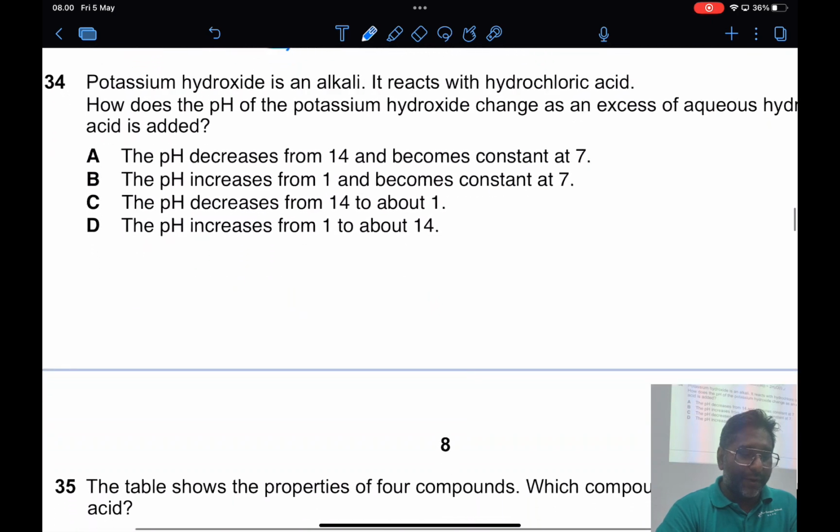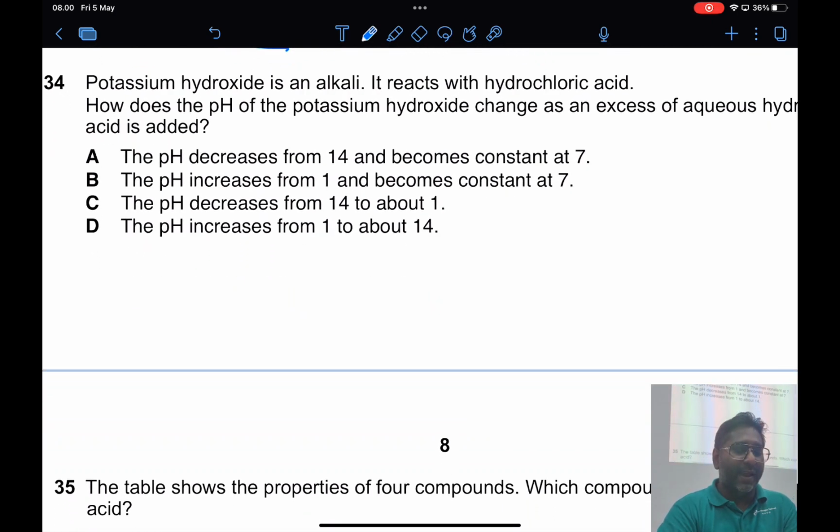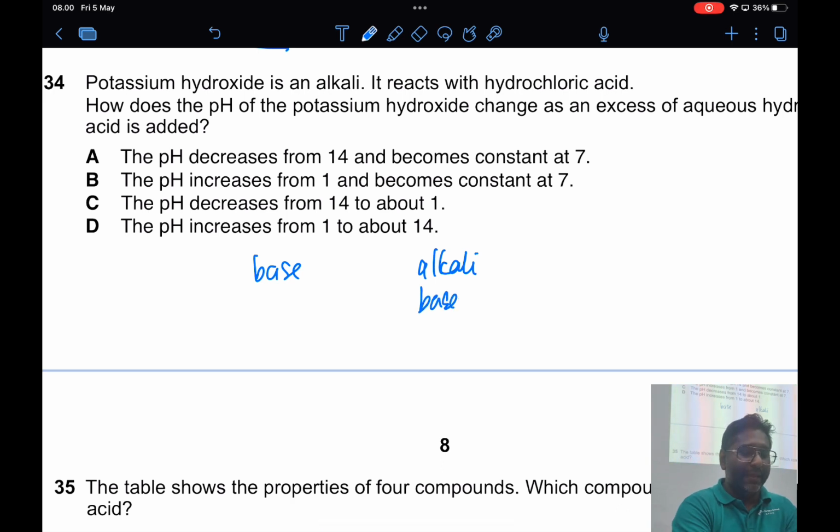Now 34: potassium hydroxide is an alkali. What is the difference between base and alkali? We always remember alkali is OH minus. Actually, an alkali is a base that is soluble in water.